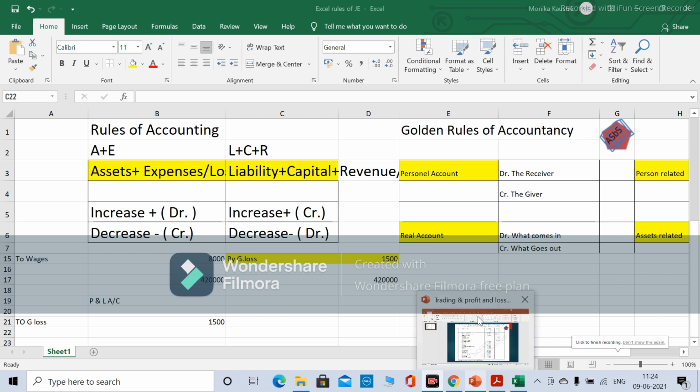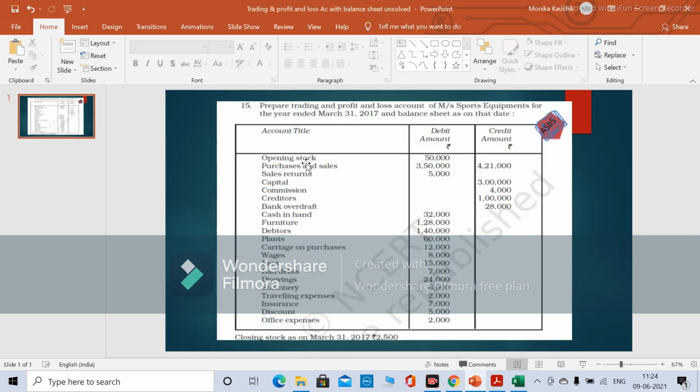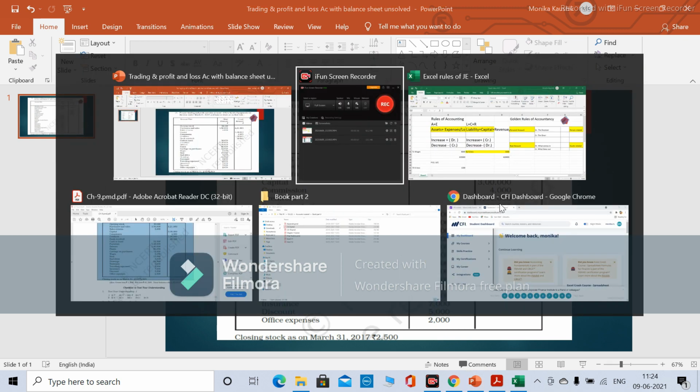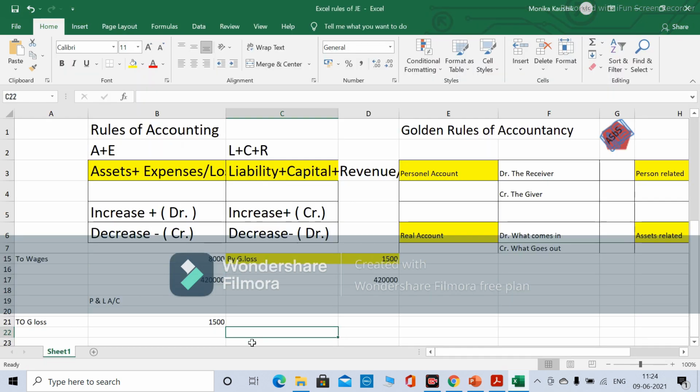Now the next one, let's see: opening stock, purchase, sales, capital, commission. Commission is an income given on the credit side, so it will come here on the credit side of the profit and loss account.